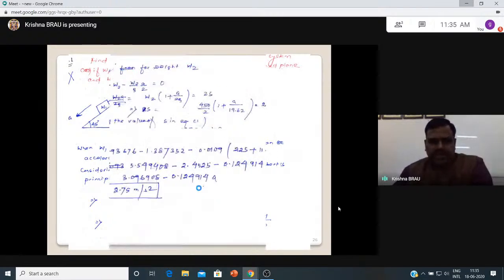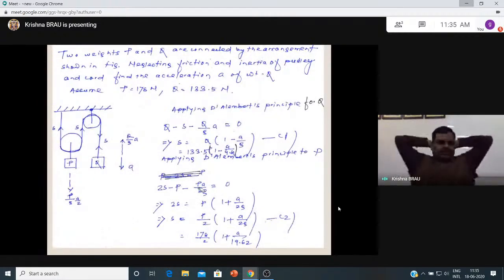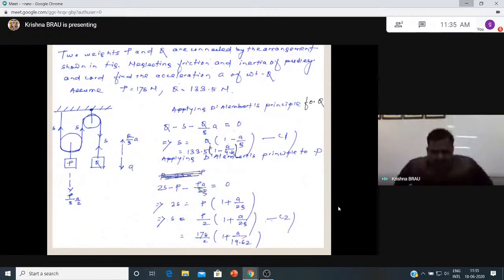Now let us note down another, similar problem. Please note it down, practice, and then you will clarify all doubts. Two weights P and Q are connected by the arrangement as shown in the figure.